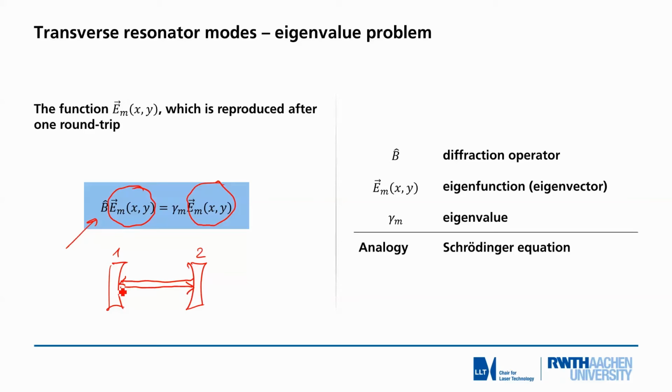The beam needs to come from 1 to 2, so there are 4 processes: travel to 2, be reflected at 2, travel back to 1, be reflected at 1, and then this is the full loop. Now, if we say we look for functions which reproduce themselves under this operation of these 4 steps, then we formulate it mathematically. The process of traveling and reflection is summarized in this matrix B.